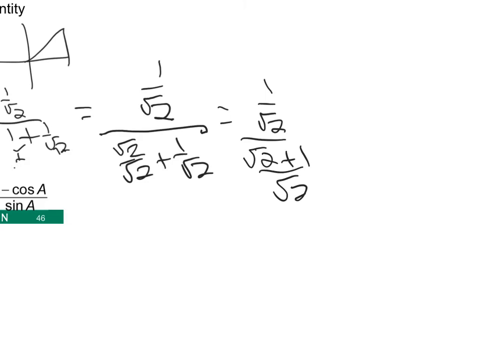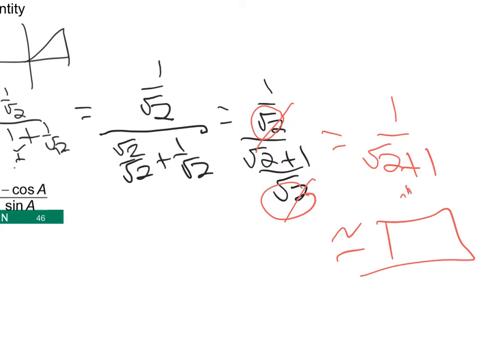Since both of the denominators are the same, when you multiply by the reciprocal, they cancel out, leaving 1 over square root of 2 plus 1. Whatever that answer is as a decimal, you could approximate it, but that's the exact answer.